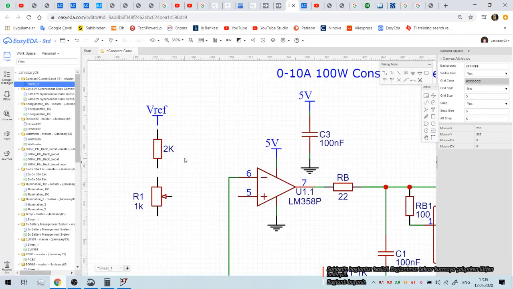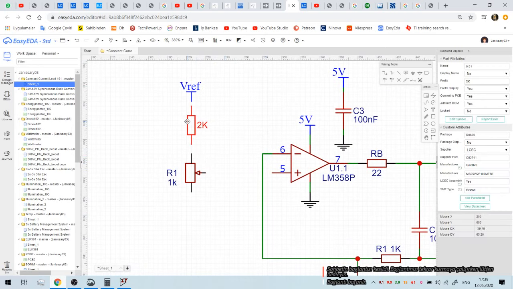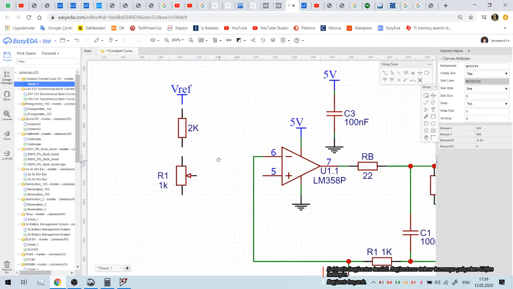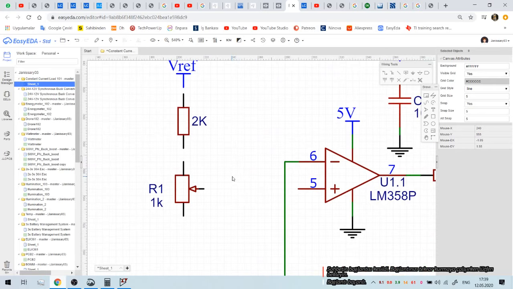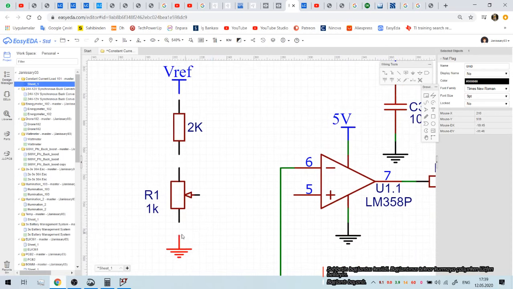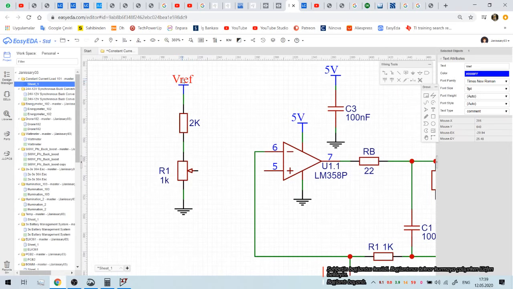And yes, we need to calculate these resistors and this potentiometer. Now, okay, do this like this. It is our 5-volt rail, not different.